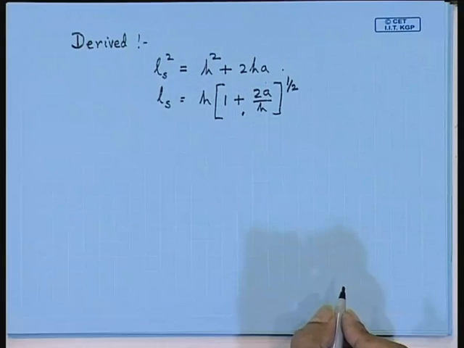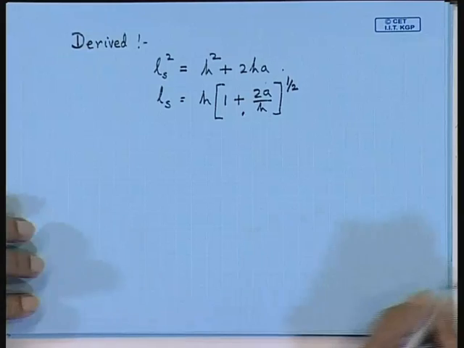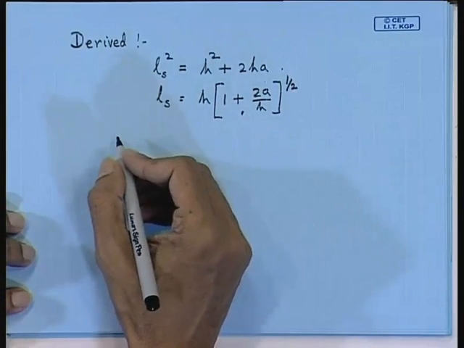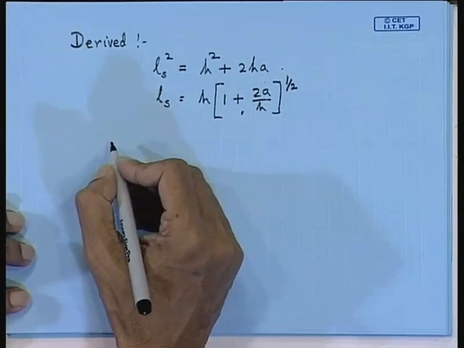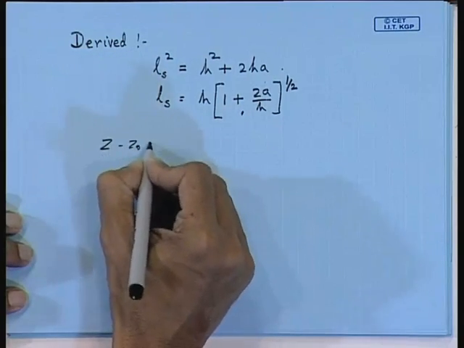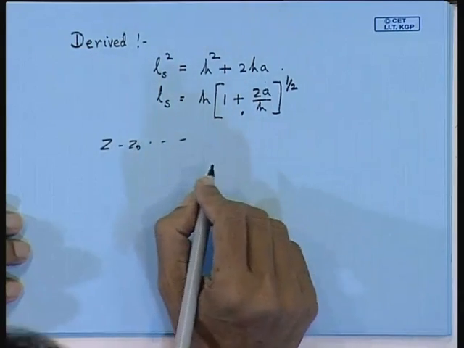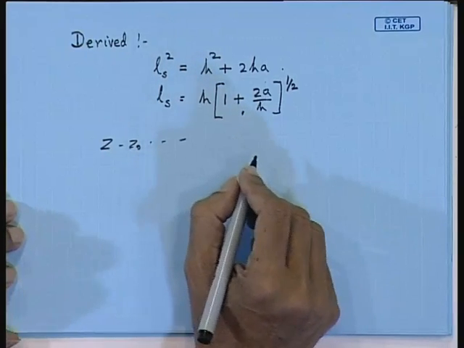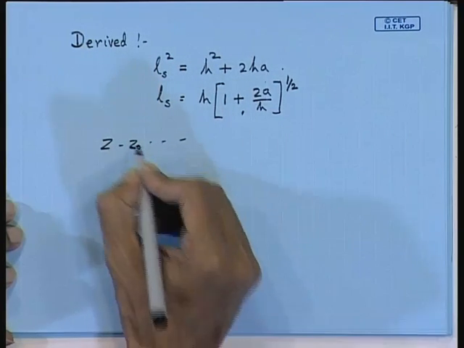Alright. Now, what are the other equations that are required? You have already found the expression for the depth of water. Remember the expression that we derived from z minus z naught. You look into your previous notes. From this we found the expression for h.